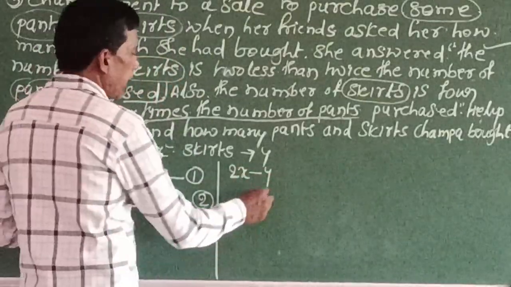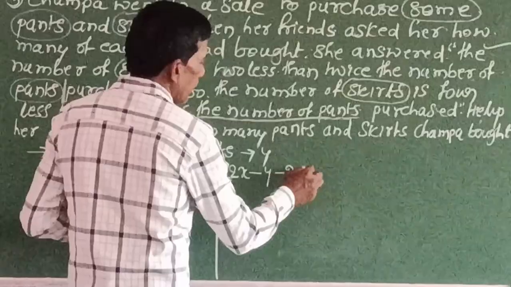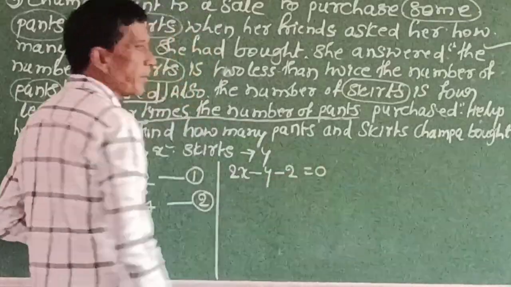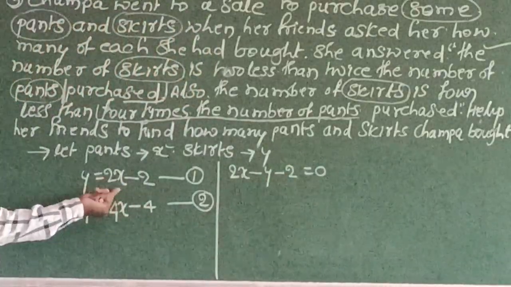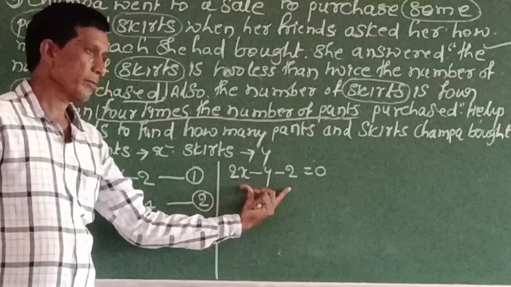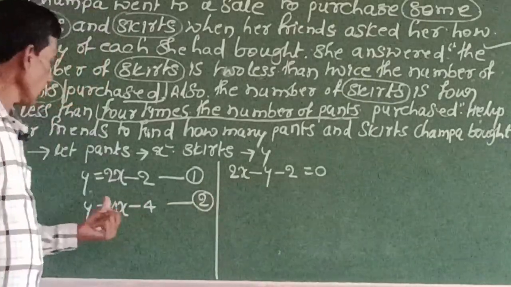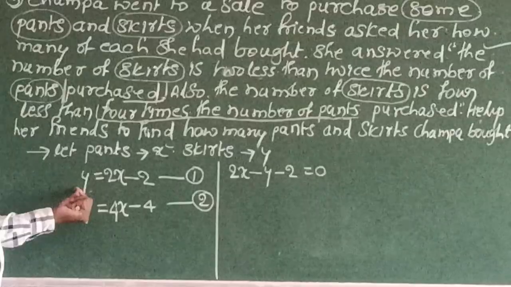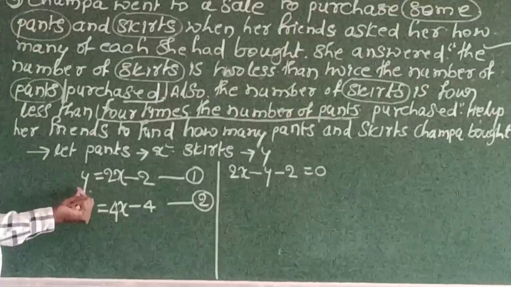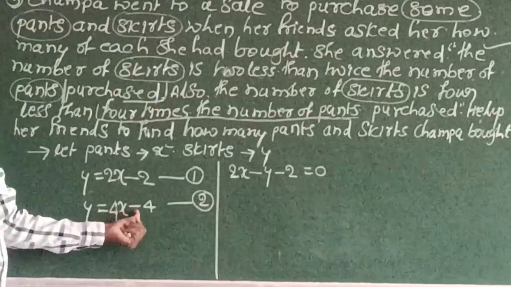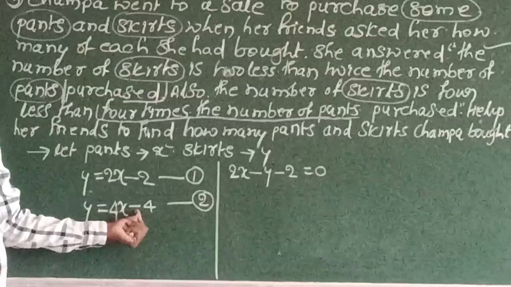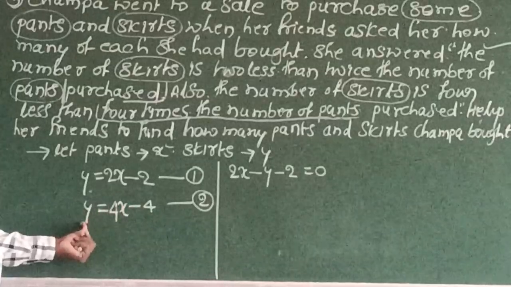So 2x minus y minus 2 equal to 0, the first equation. The 2x minus 2 stays in the same place, not changed, only the y is transferred. Next, 4x minus 4 stays the same place, not changed, only y is transferred.